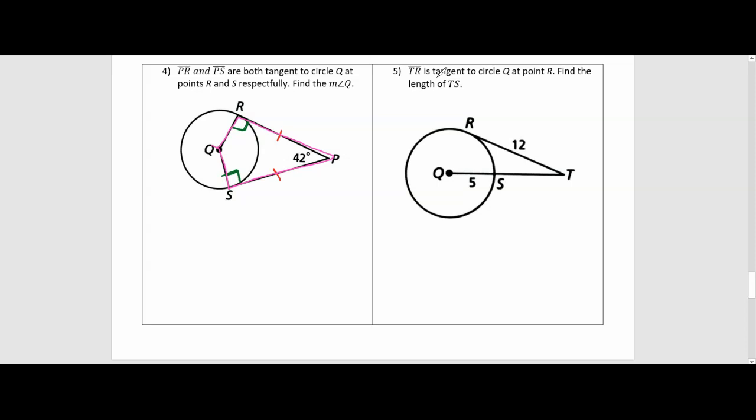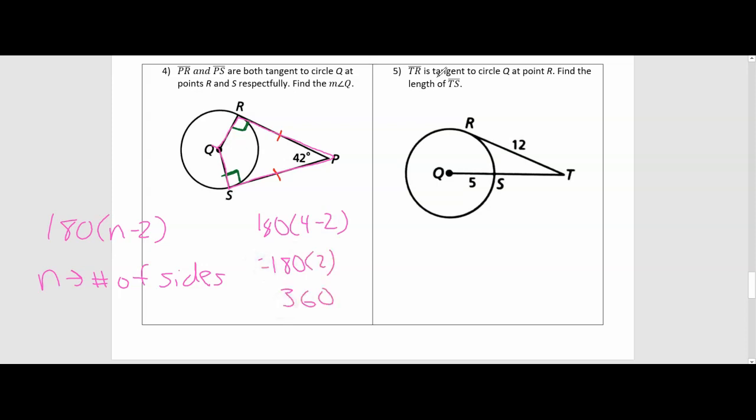But if you forget, it's going to be 180 times the quantity n minus 2, where n is the number of sides. So if I substitute in 4 there, I get 180 times the quantity 4 minus 2, 180 times 2, that gives me my 360. So I know what 3 of the angles are.